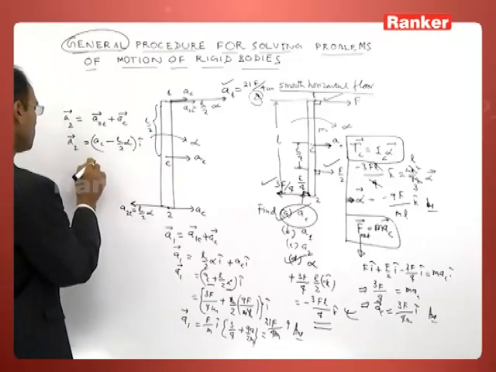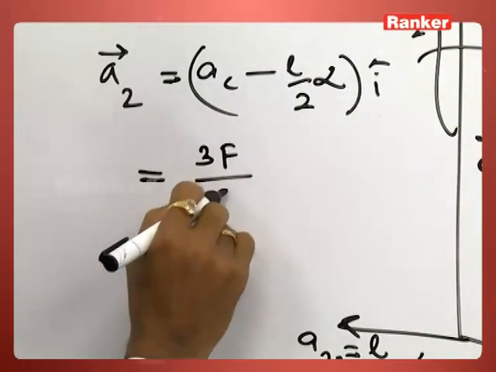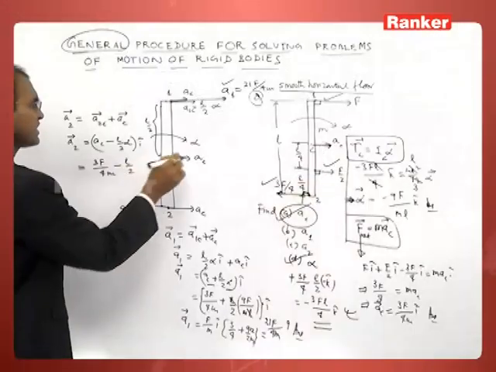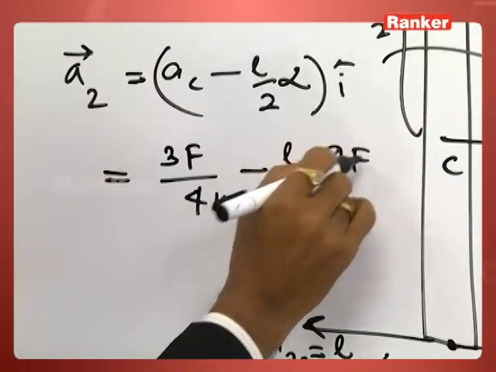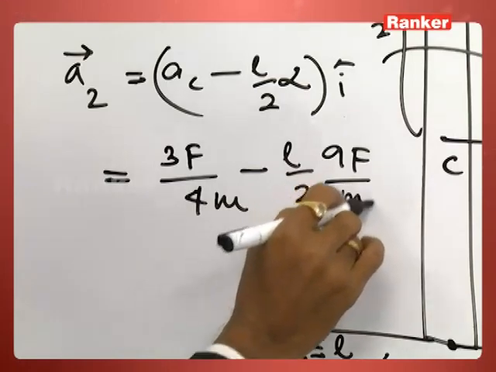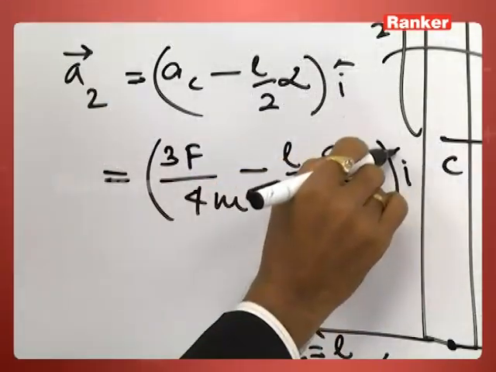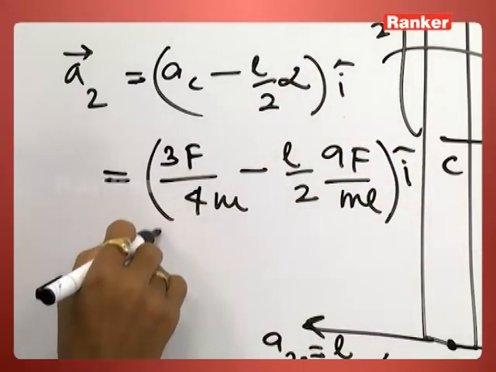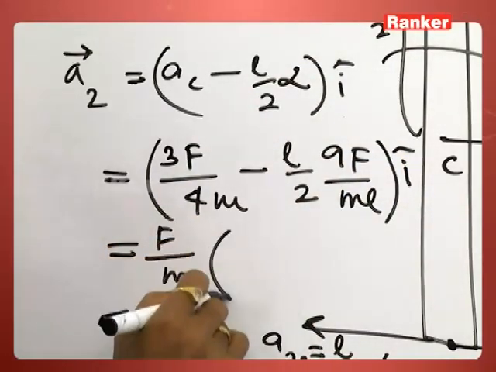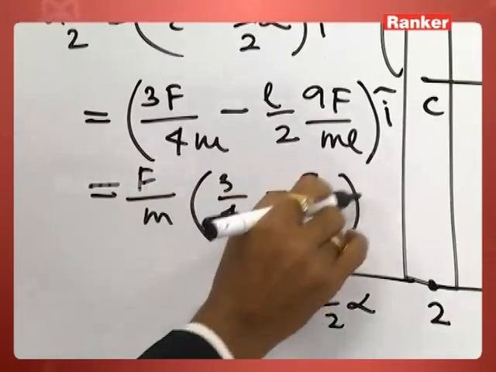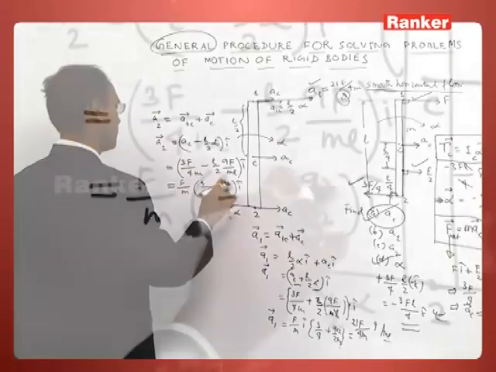AC is equal to 3F by 4m. L by 2 alpha is equal to 9F by mL magnitude into i cap. F by m you take common, 3 by 4 minus 9 by 2, i cap.